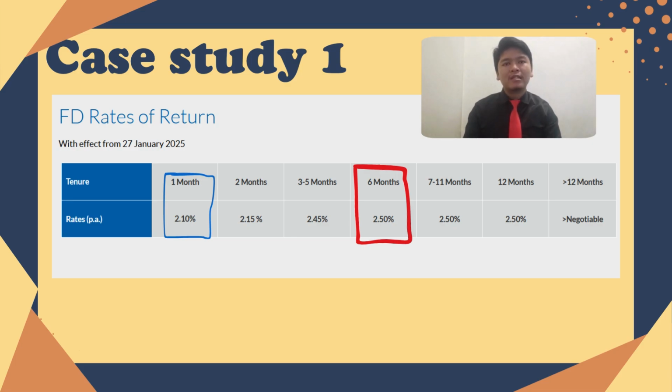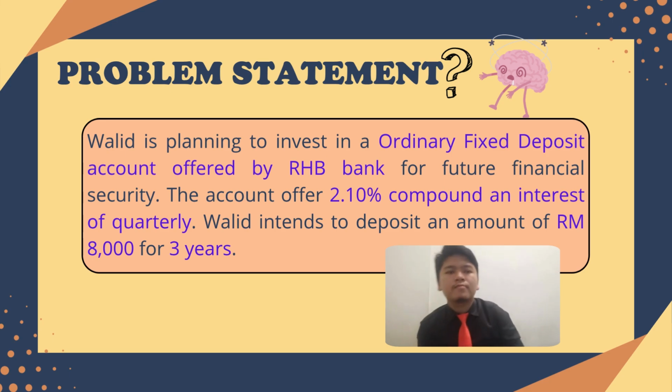And we will use the blue table for our objective 1, and then the red table we will use for objective 3, which is the special case where there will be a second P. So from the table of the fixed deposit rate of return, how do we apply it in the compound interest?